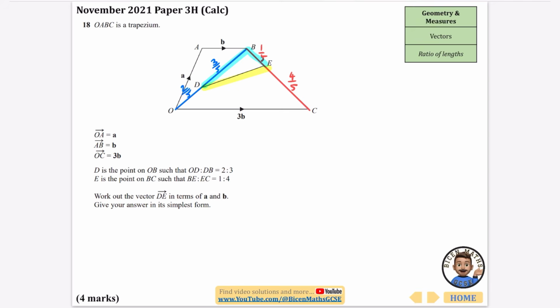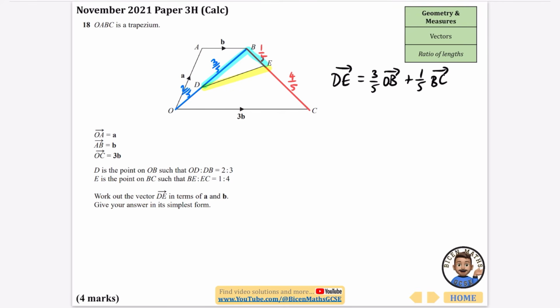The vector DE is going to be 3/5 of OB, plus 1/5 of BC.